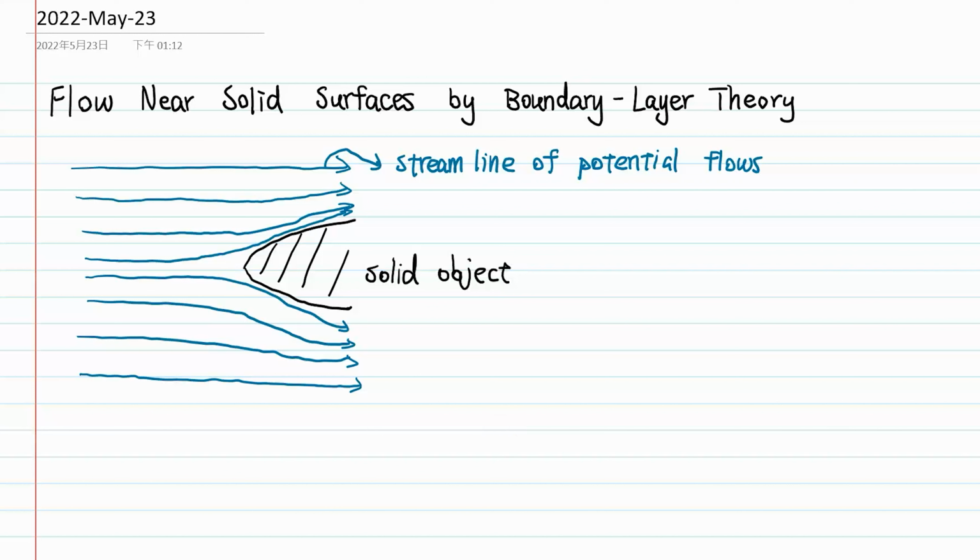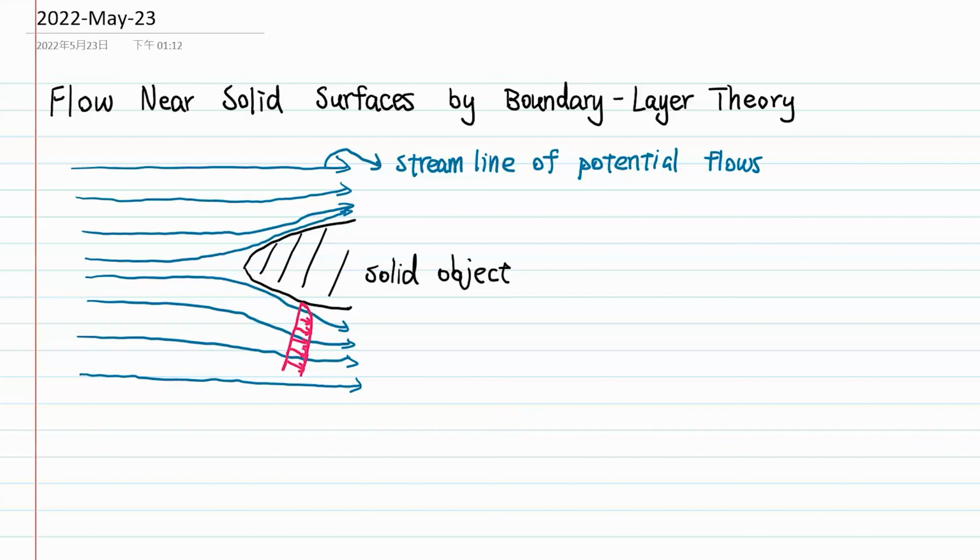So what this means is that you would have a velocity profile starting from the no slip condition approaching the potential flow velocity as we are moving away from the solid surface. At some point, that velocity gradient disappears, then you have reached the potential flow regime.